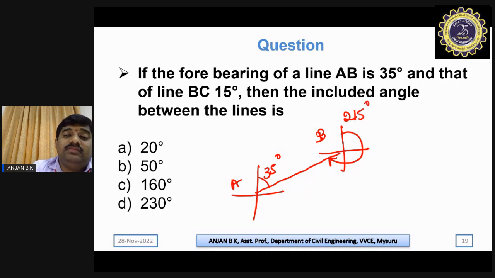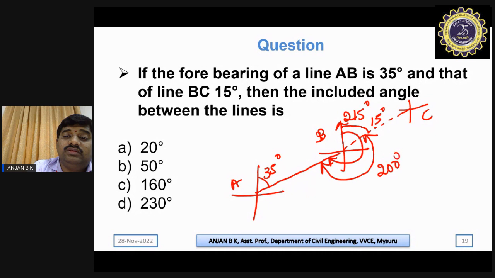And then the forebearing of the next line BC is given as 15 degrees. So out of 215, if you deduct 15 degrees, you'll get 200. This side is 200.